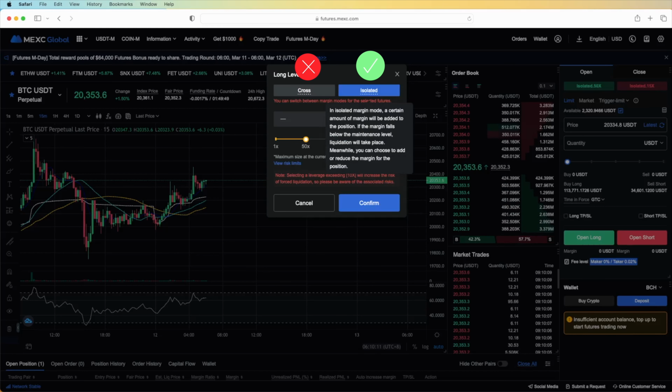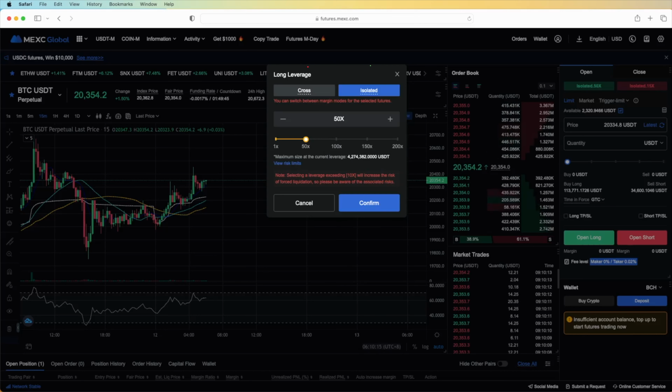We have the leverage here. Adjust your leverage for long and for short, then confirm. The default is 20, but you can change it to anything you want.